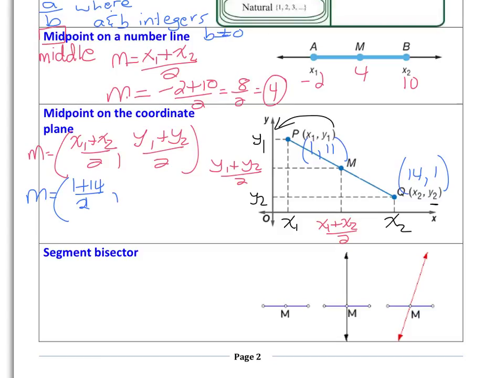And in the y dimension, we have 11 plus 1 divided by 2. And we have a midpoint located at 15 divided by 2 and 13 divided by 2. So that is 7 5/10 in the x location and 6 5/10 in the y.